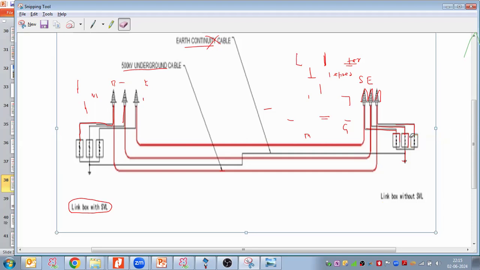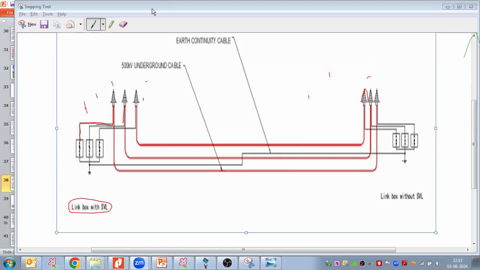This is an example of single point bonding, sir, or solid bonded? Single point, because there is a single point: one side is directly earthed, and on the other side we use an SVL.